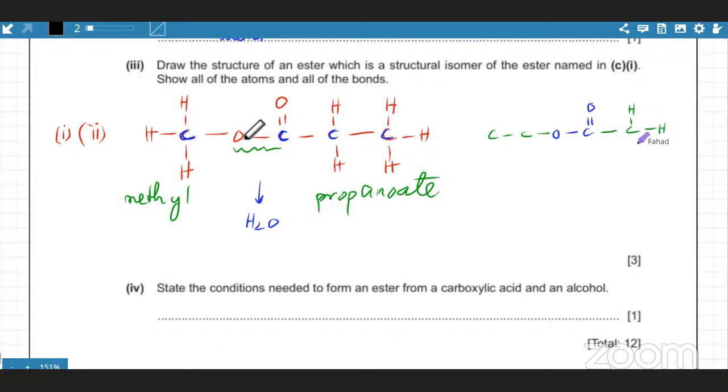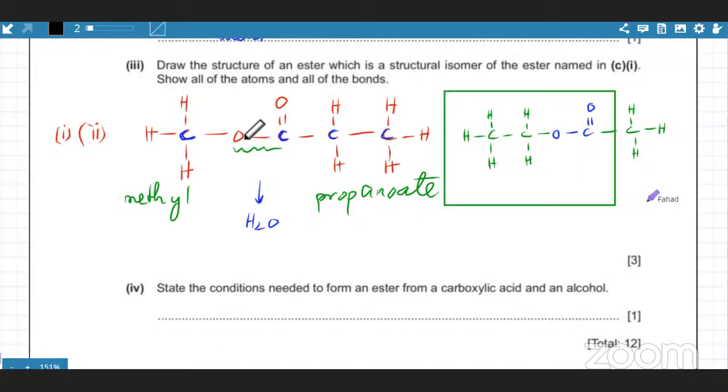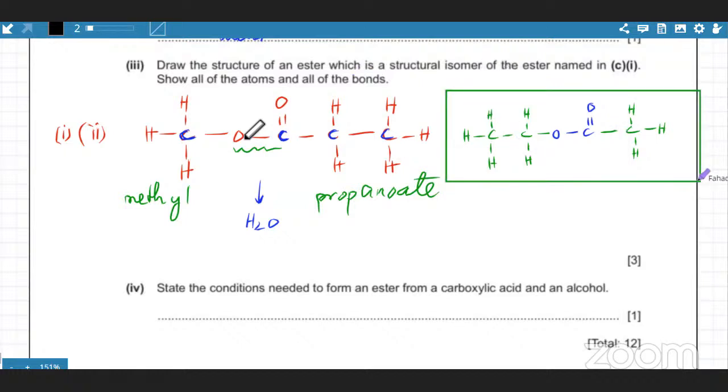So this would have 3 hydrogens, this would have 2 hydrogens, and this would have 3 hydrogens. So this over here is your isomer.